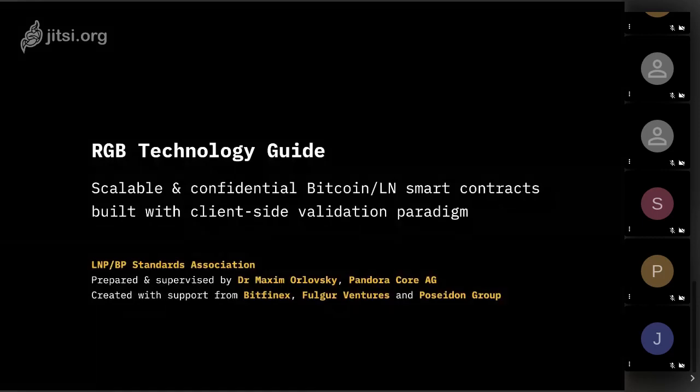So I would like to give this introduction into RGB technology, explaining the way it is designed, explaining all the terminology layers behind RGB, how it is built out of those layers, and how it can be used by wallet developers, by those who would like to integrate RGB into the exchanges or payment system, or just to play with this new thing.